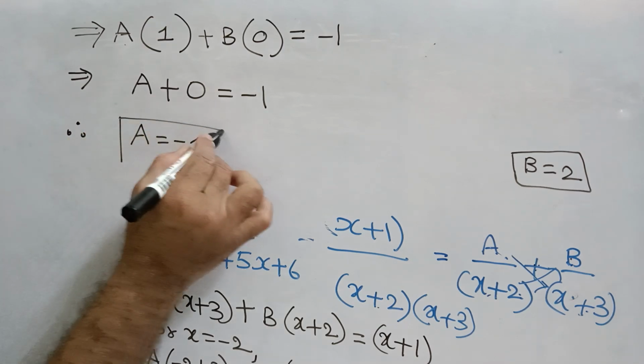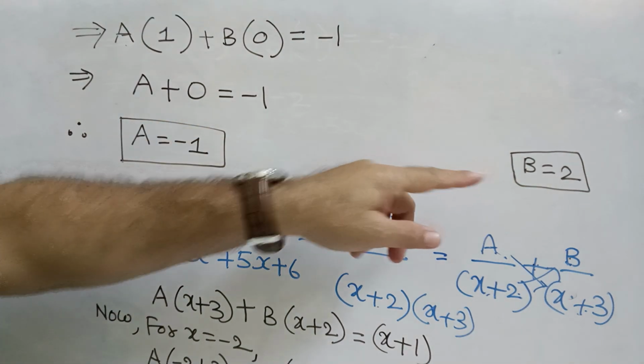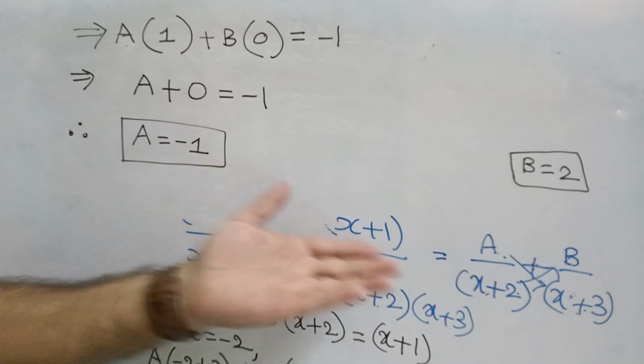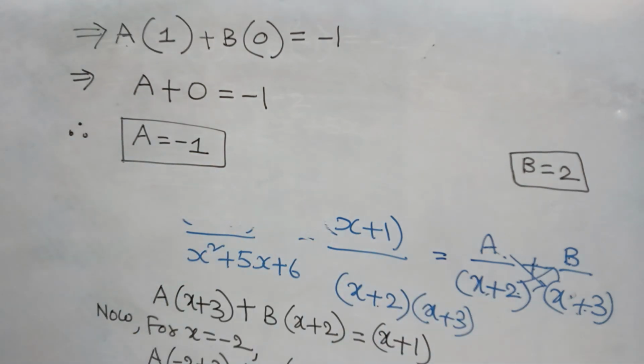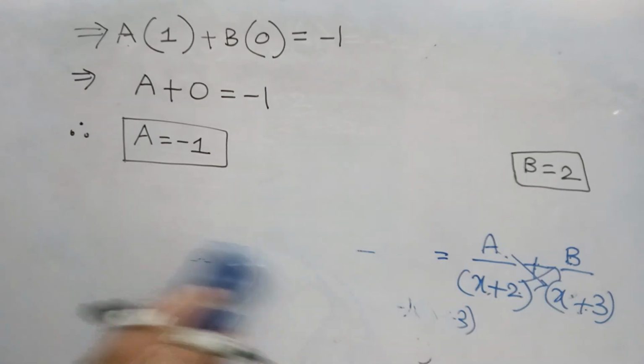This is the a value. Therefore, we got a value as well as b value. Substitute these two a, b values in this expression. That is your final answer. Therefore, I am writing the final expression.